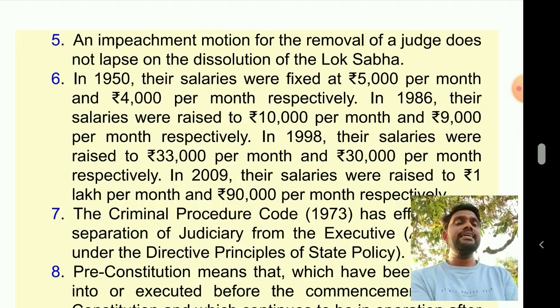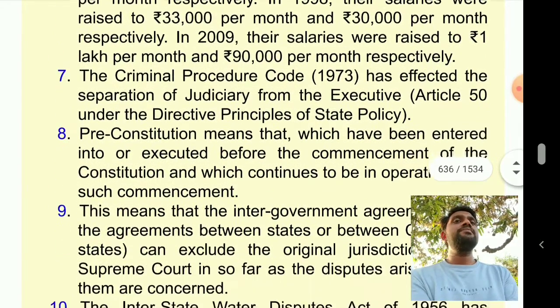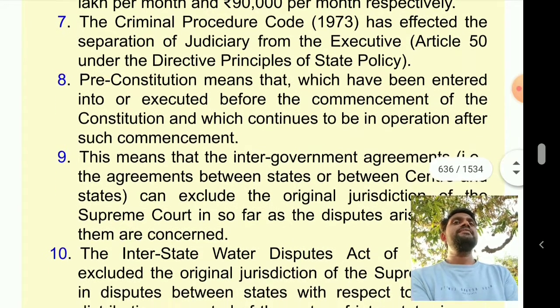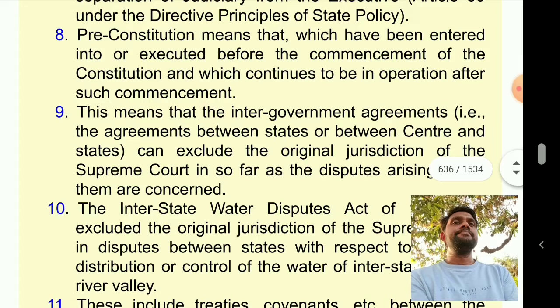In 2009, their salaries were raised to rupees 1 lakh per month and 90,000 per month respectively. Seventh, the Criminal Procedure Code 1973 has affected the separation of judiciary from executive under Article 50, the DPSP.